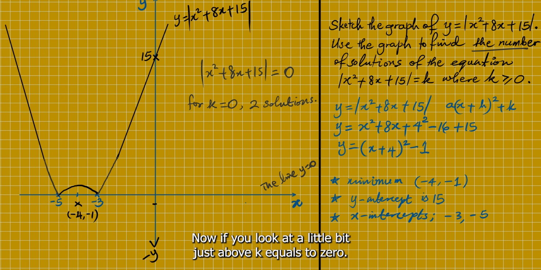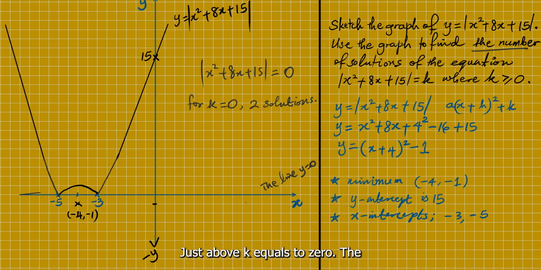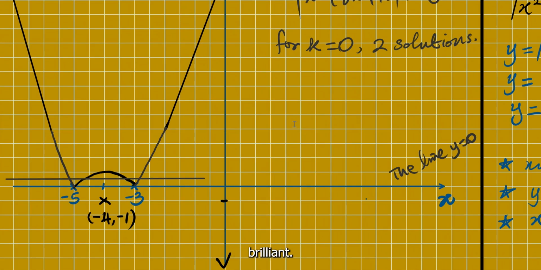Now, if you look at a little bit just above k equals 0, let me draw a straight line so that you see what I'm saying. Just above k equals 0 there, you will find out that any horizontal line will be crossing the graph at 4 points. Let me show you. Okay, if I could zoom in. Brilliant.